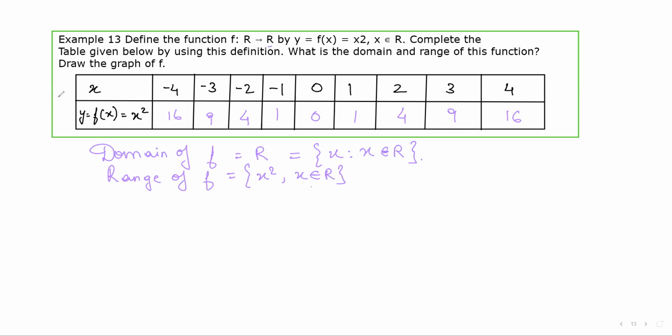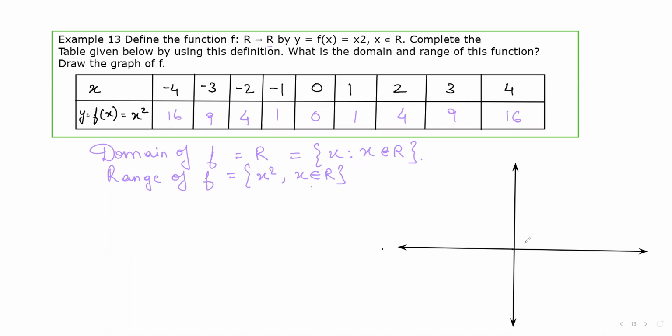Next, draw the graph of f. So let's draw the x and y axis. You have to find out the graph of f. So let's try and plot these values. For x equal to 0, your y is equal to 0.